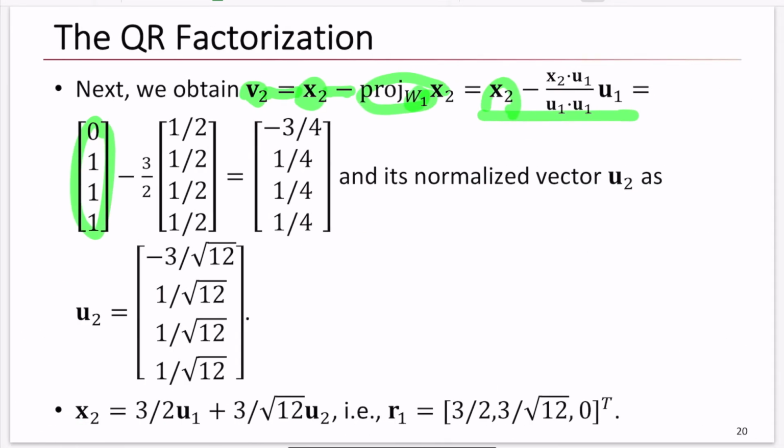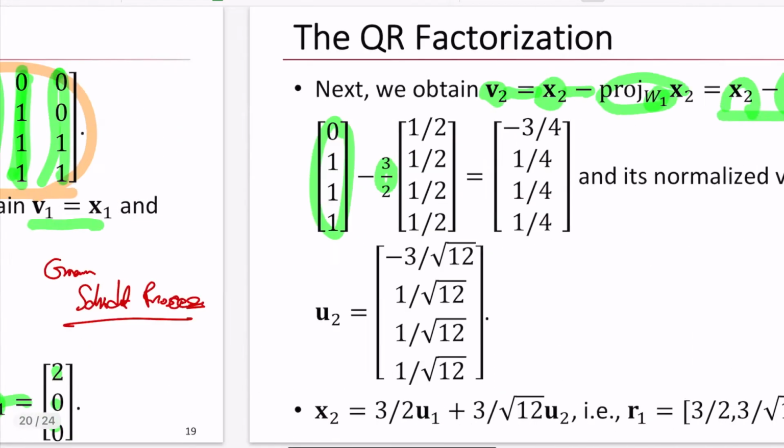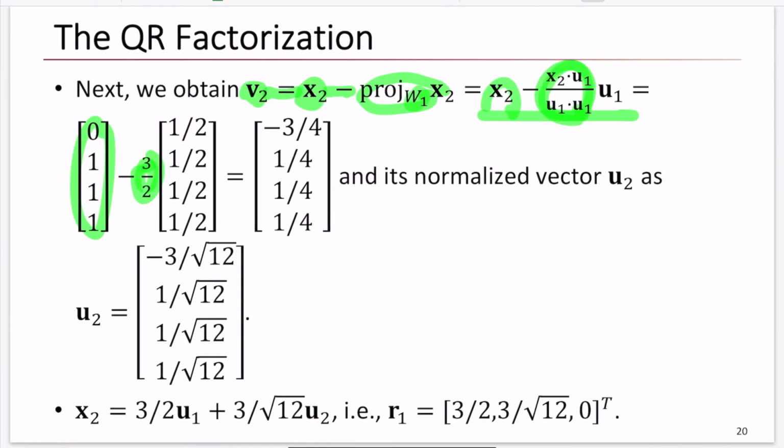Then this coefficient is going to be 3 over 2. We already discussed this one in the previous example. These are exactly the same vectors, so you can easily compute this as 3 over 2, and u1 was (1/2, 1/2, 1/2, 1/2). Then v2 looks like this.